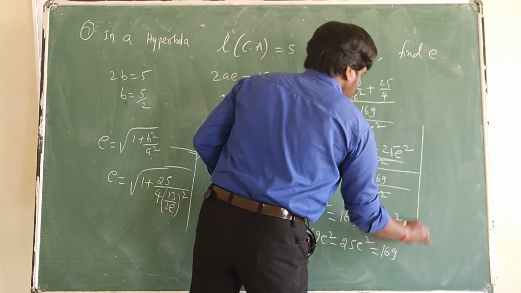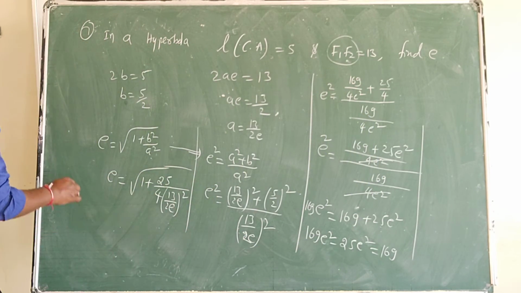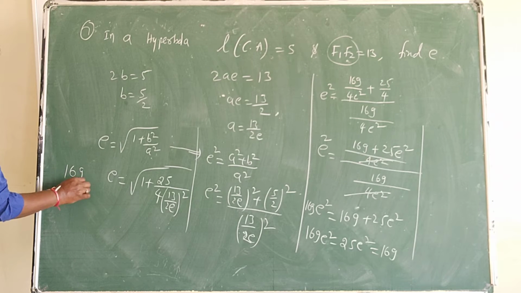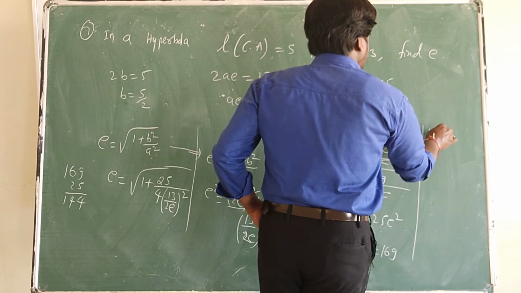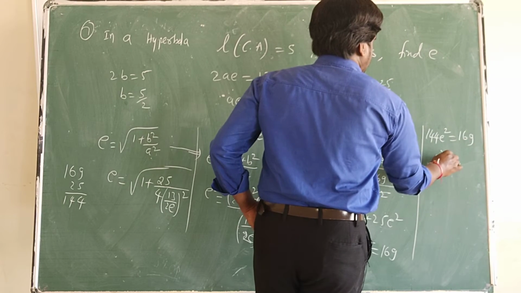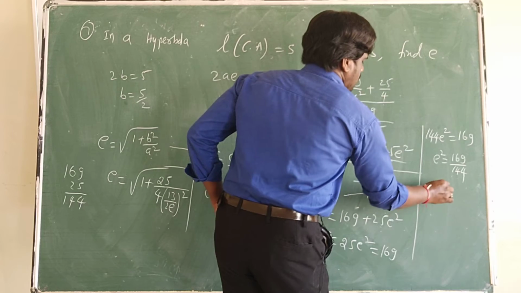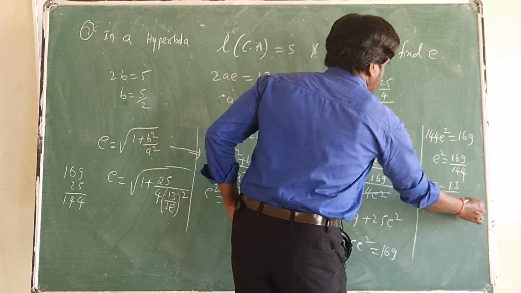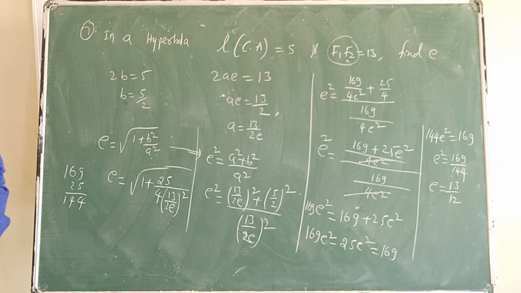Subtract this and E square you will get 169 upon how much? 169 minus 25 gives 144. So 144 E square is equal to 169. So E square is equal to 169 by 144. So E is equal to 13 by 12. Square root of 169 is 13, square root of 144 is 12.